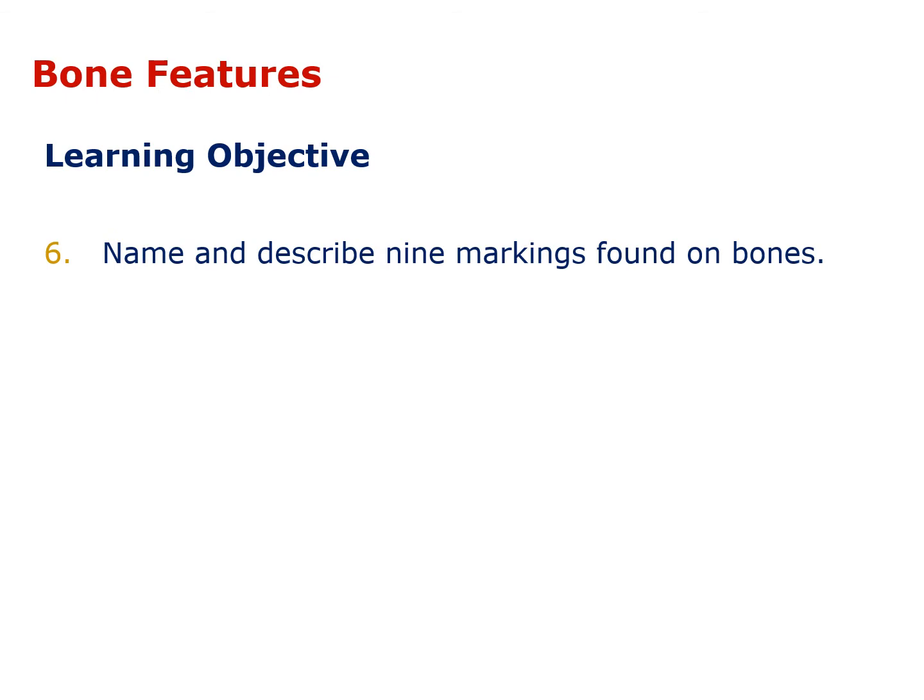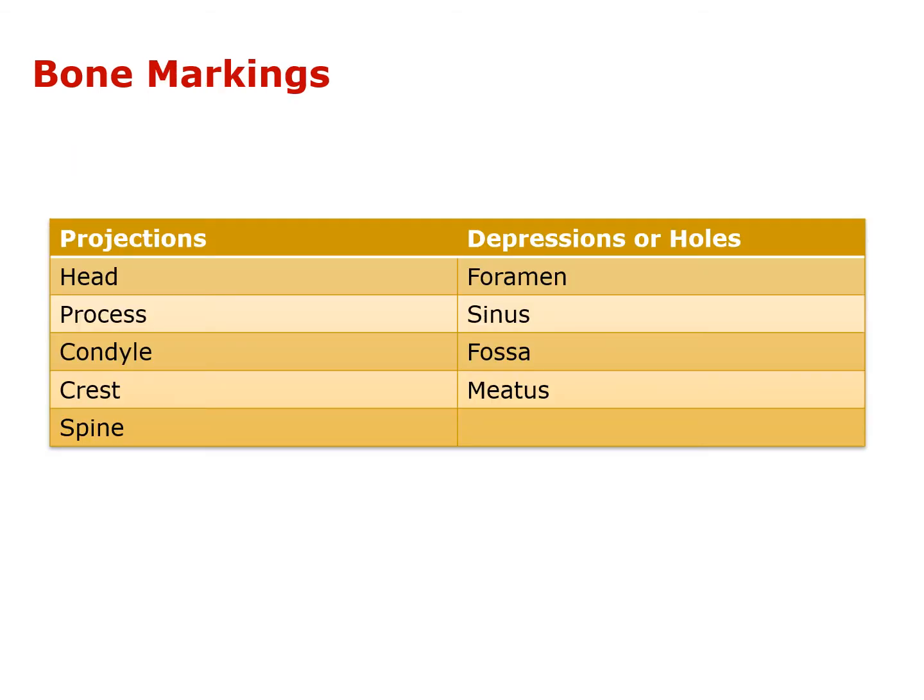We're going to name and describe bone features, rather. Name and describe 9 markings found on bones. So if you look in your book on page 104, we're going to go over these bone markings, okay?